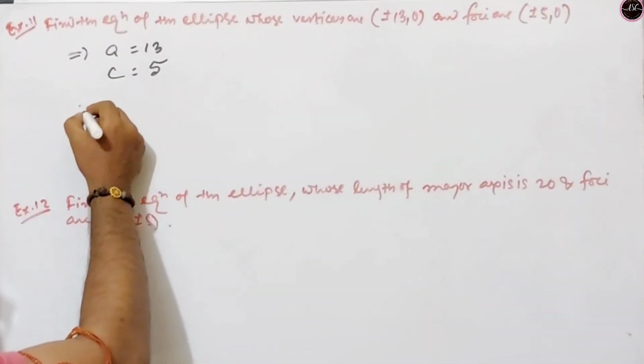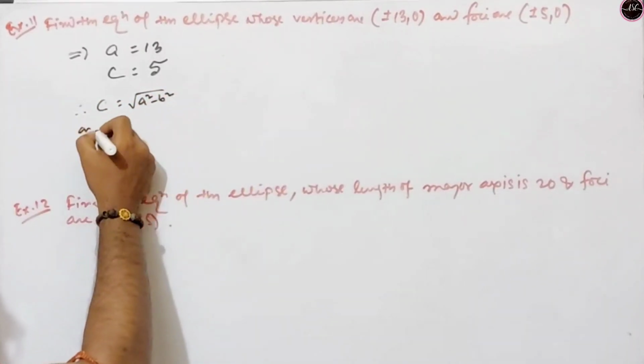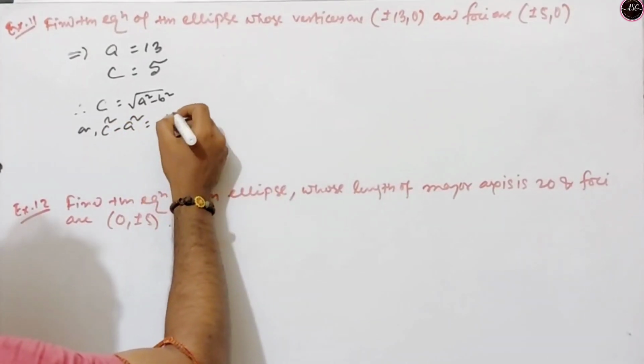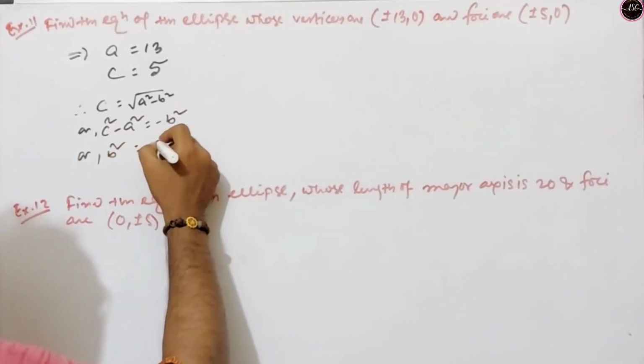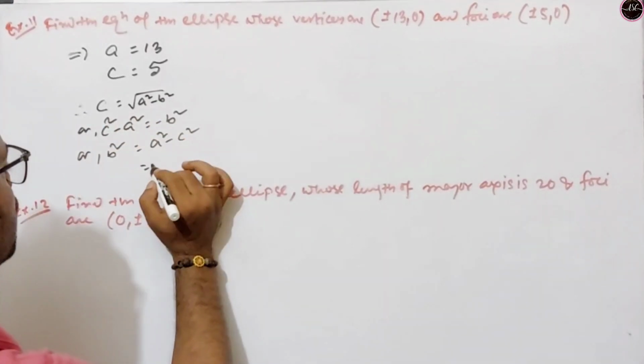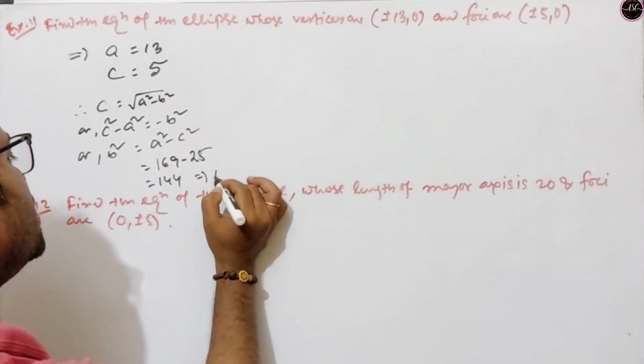So we know the formula, c equal to root over a square minus b square. So from here b square equal to a square minus c square. Just put the value, 169 minus 25, that means 144. Therefore b equal to 12.